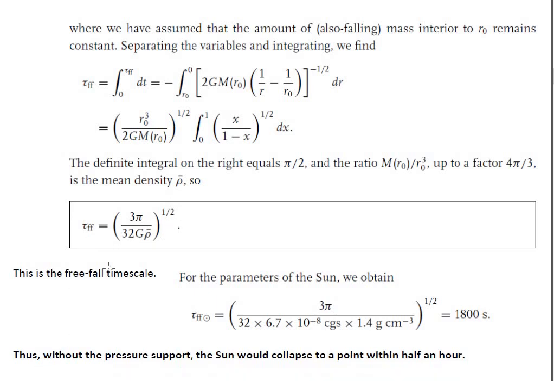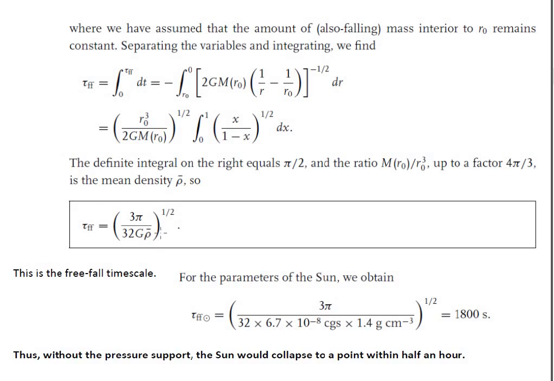Okay. Now what's the reason? So basically for a given total mass M, if the density is much more, then this means the star is much more compact, the radius is smaller. So of course it will take smaller time to collapse to the point, and that's why the free fall time scale is smaller if density is large.